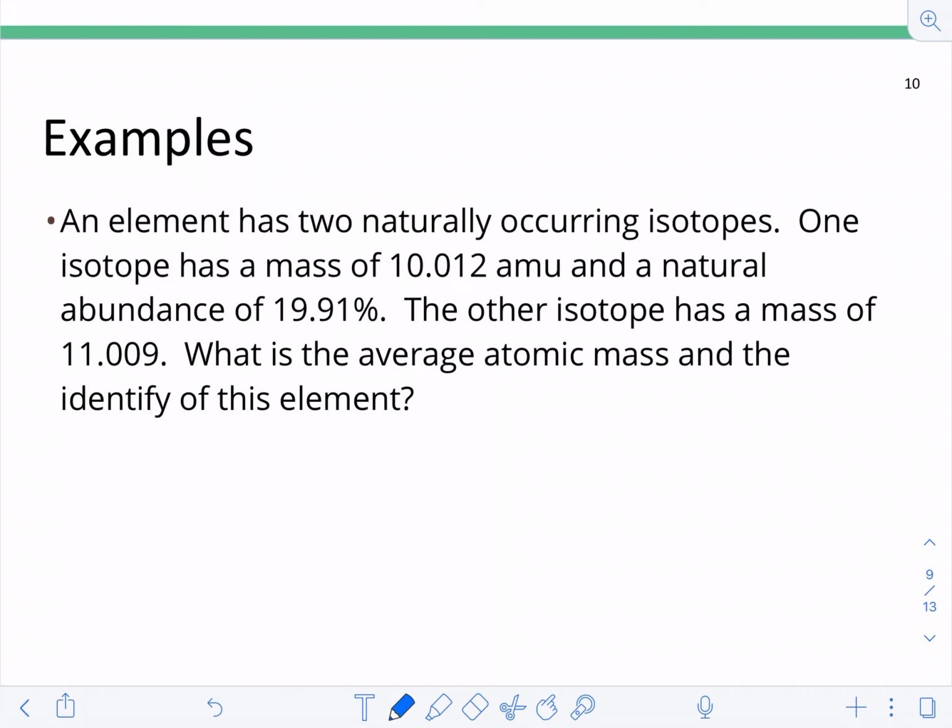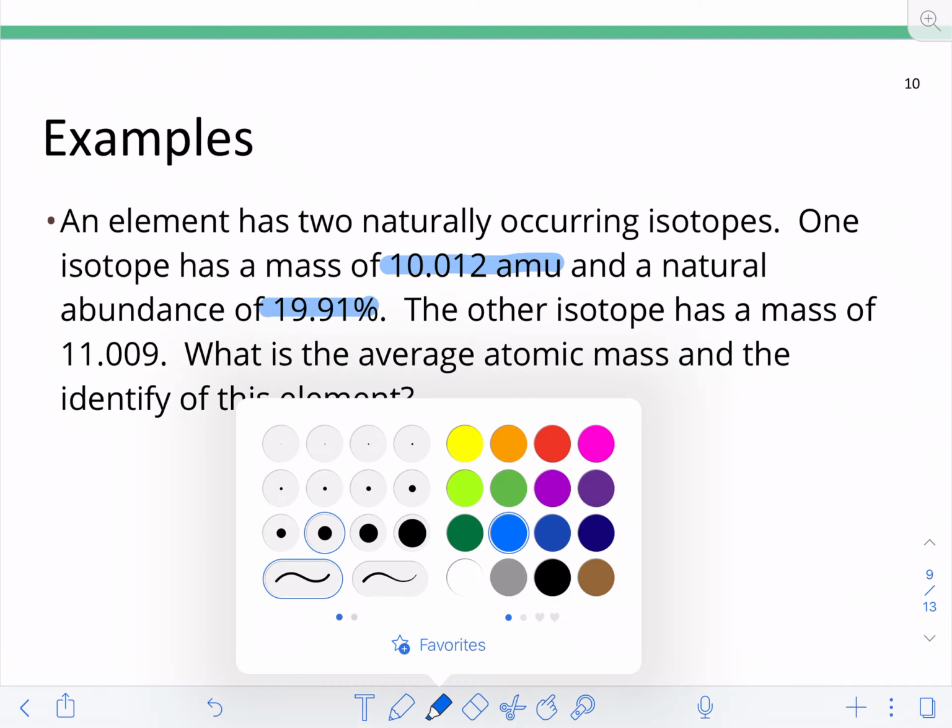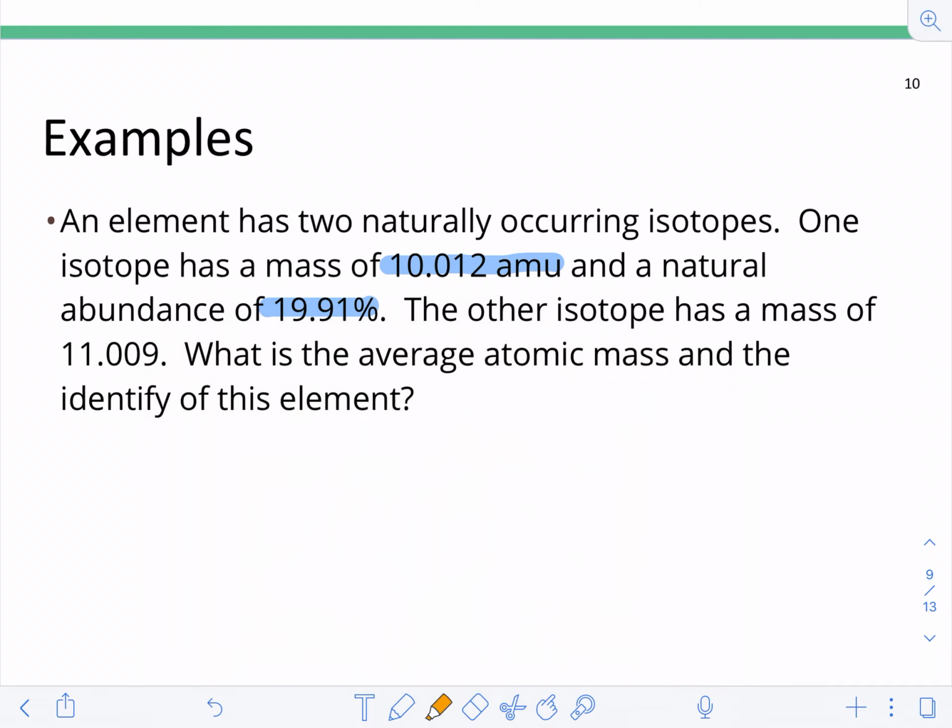I'm going to highlight those in one color because I know that this mass and this percent abundance go together. Then it says the other isotope, so I'm just going to switch colors to make it easier for me to see. The other isotope has a mass of 11.009. What's the average atomic mass and the identity of this element?